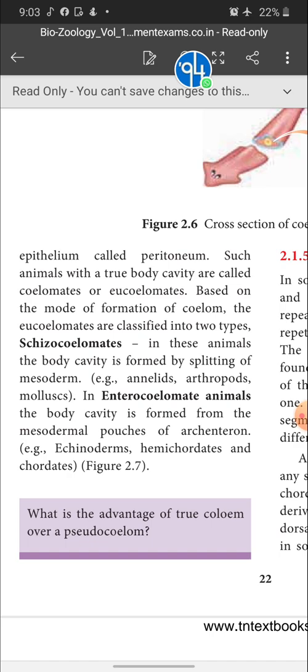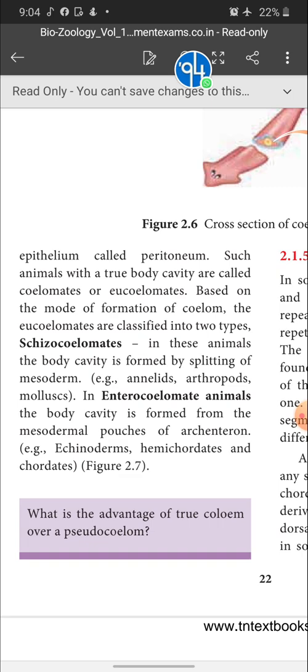Okay, if a coelom is lined with mesodermal epithelium, then it is called true coelom and the animals are called eucoelomate. Based on the mode of formation of coelom, in what mode the coeloms are formed, based on that, the eucoelomate are classified into two types, schizocoelomate and enterocoelomate.